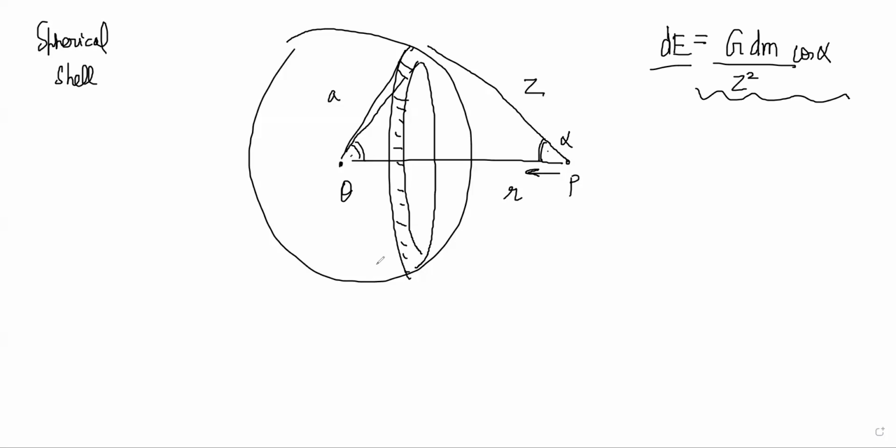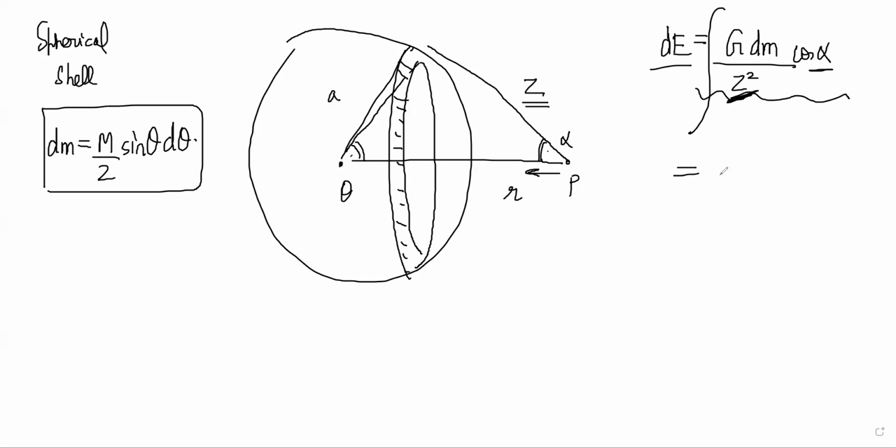Now, obviously, I have to cover all such rings, so I have to integrate this, but I have a problem that there are two variables, z and alpha. If you write the dm, the dm comes out to be M by 2 sine theta d theta as before.